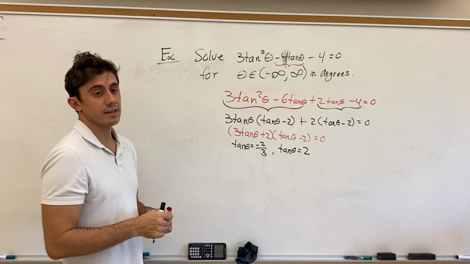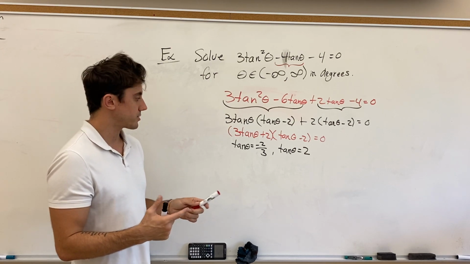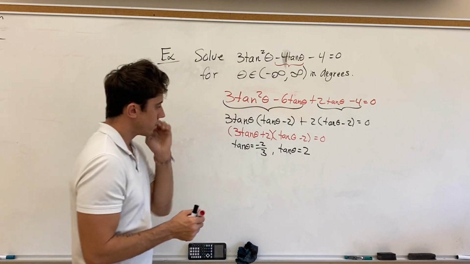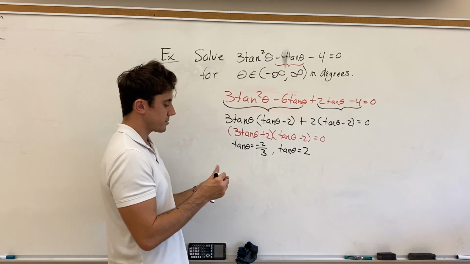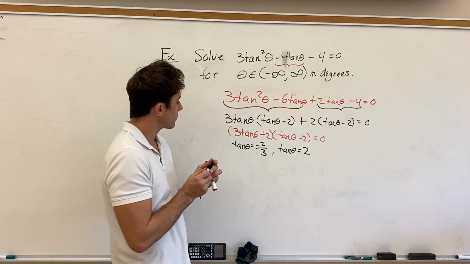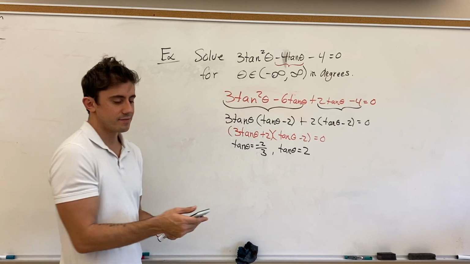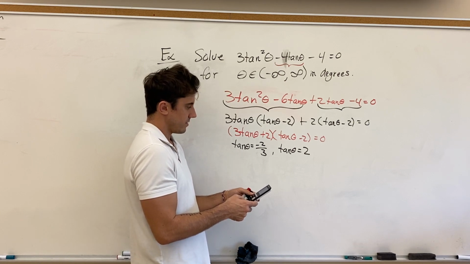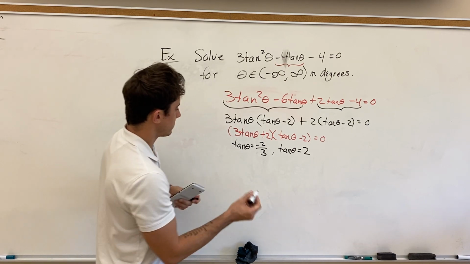And now we're going to think of all the places on our unit circle where we achieve either of these two results. So let's use our calculator for these ones because I definitely don't know these off the top of my head. Right, so maybe we should actually write that out.